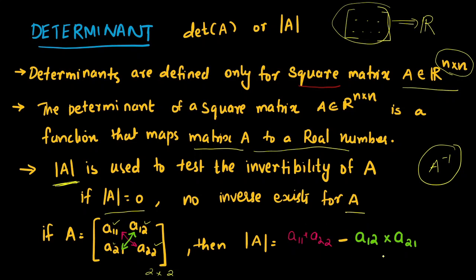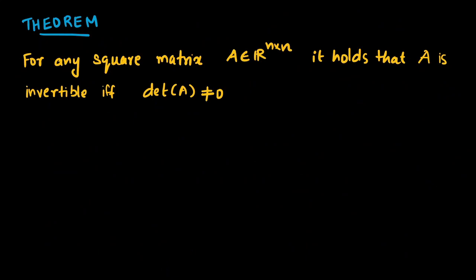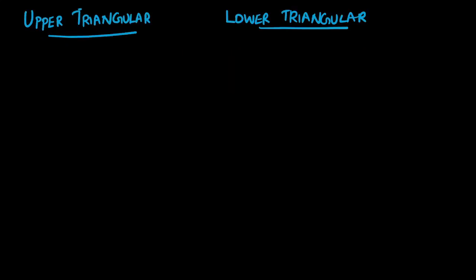This is the formula we generally use for finding the determinant of a 2 by 2 matrix. For any square matrix A belonging to R^(n by n), A is invertible if and only if the determinant of A is not equal to 0. That we have seen in the last slide.